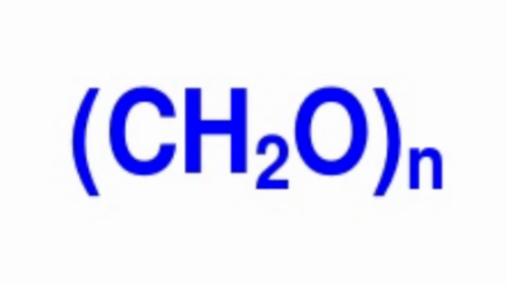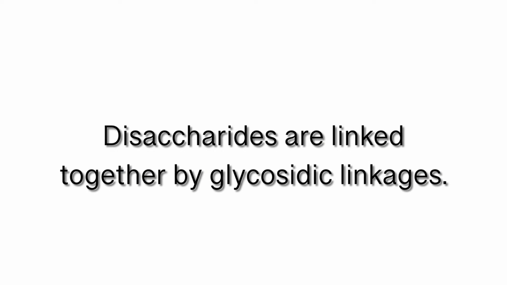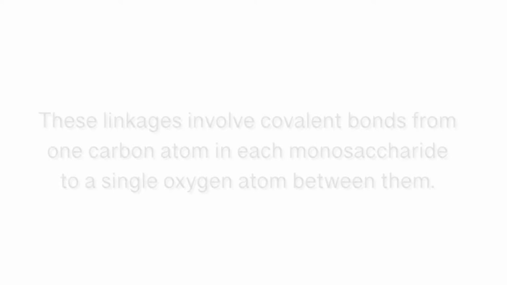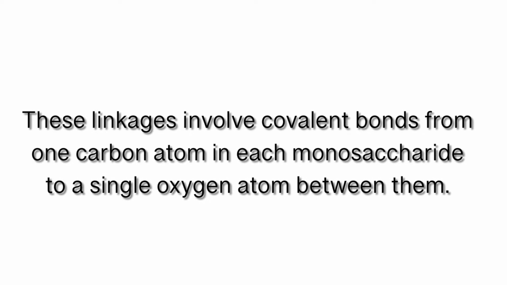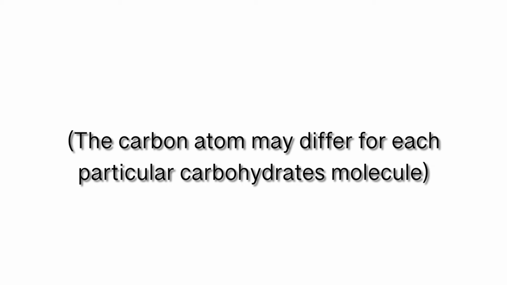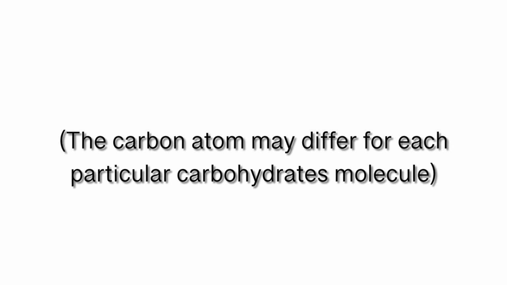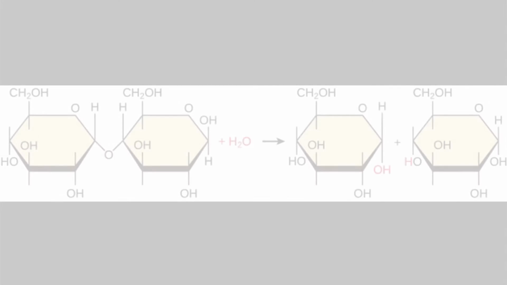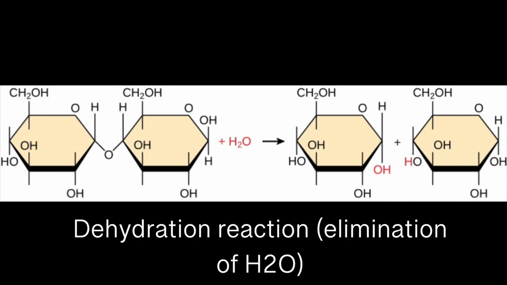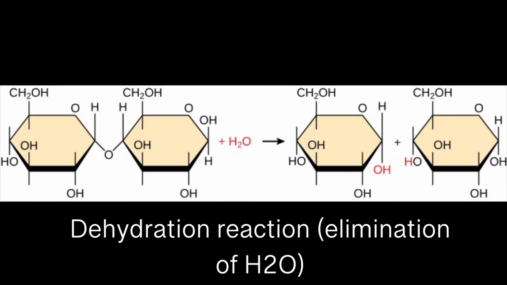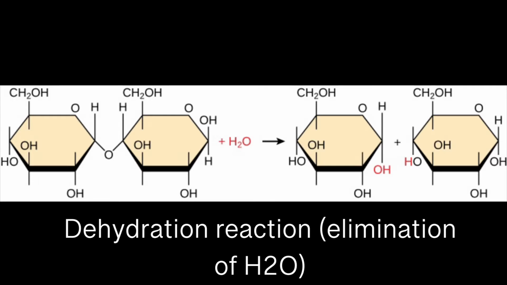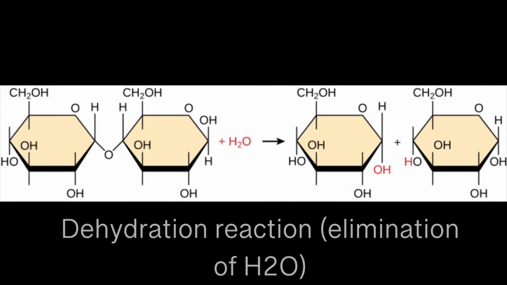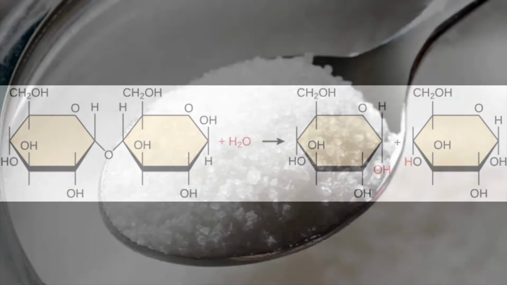Like I said earlier, disaccharides are linked together by glycosidic linkages. These linkages involve covalent bonds from one carbon atom in each monosaccharide to a single oxygen atom between them. The carbon atom in this covalent bond may differ for each particular carbohydrate molecule. A disaccharide is formed when two monosaccharides undergo a dehydration reaction, which involves the elimination of a small molecule, such as water, from the aldehyde or ketone functional groups.